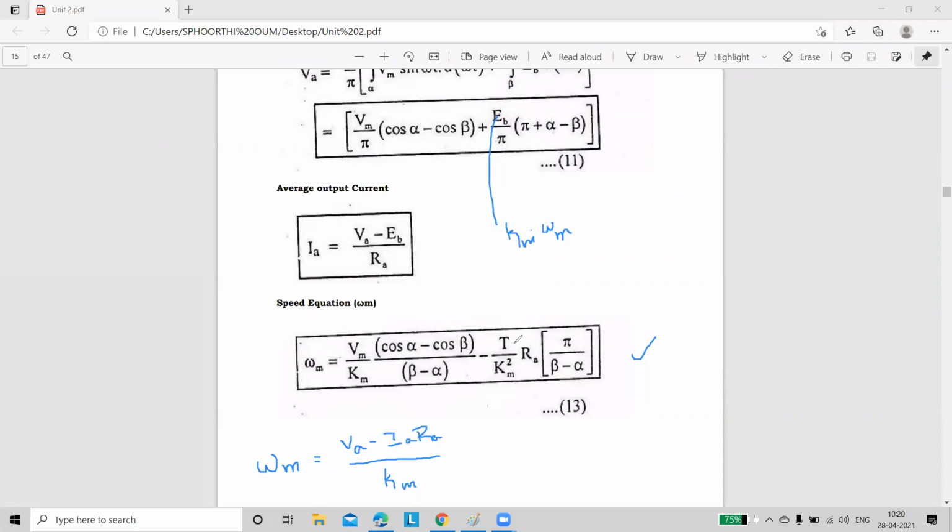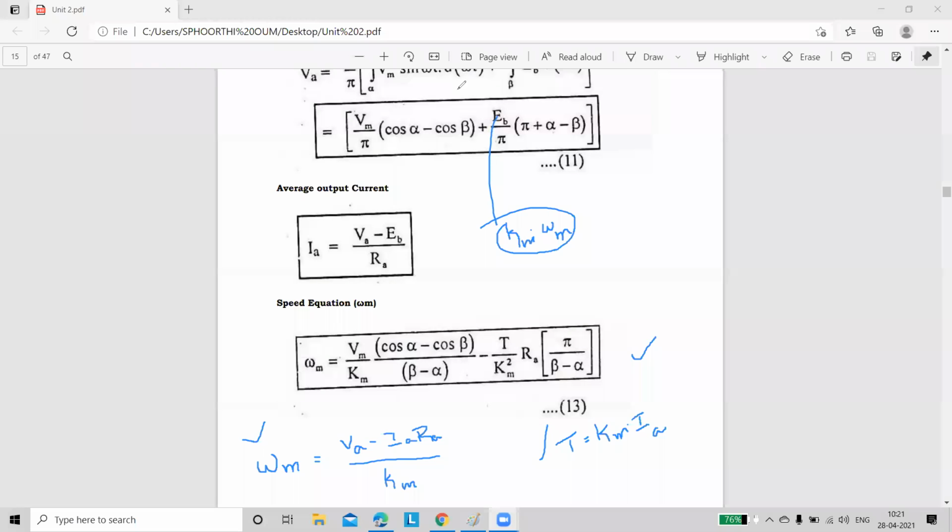So please note down another formula, that is torque is equal to Km into IA. So you can represent IA in terms of T by Km. Don't be confused. We have to use these two formulas, omega m and T. And in order to avoid EB, please use the formula Km into omega m. Do the simplification. Then you will get the answer like this.